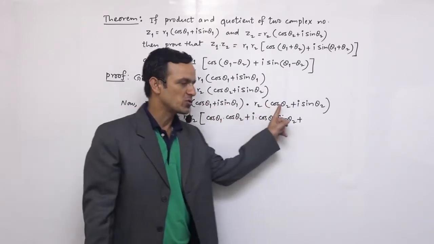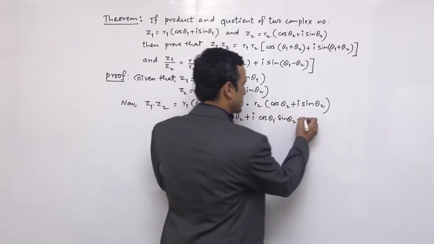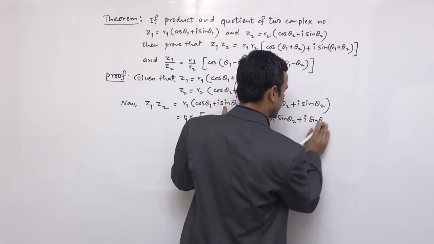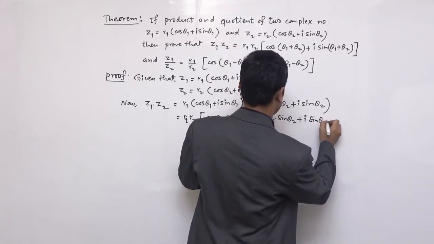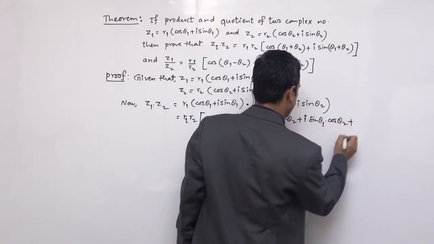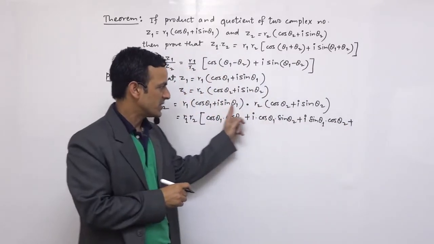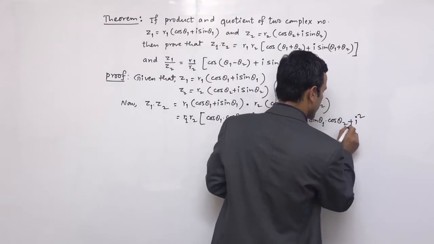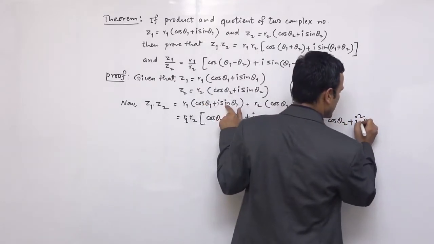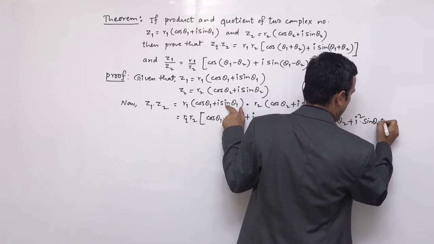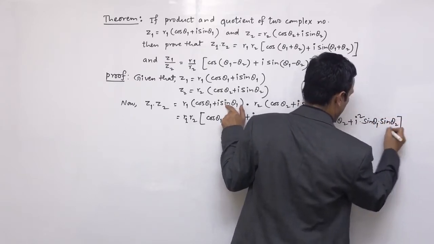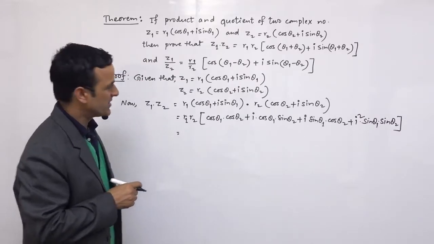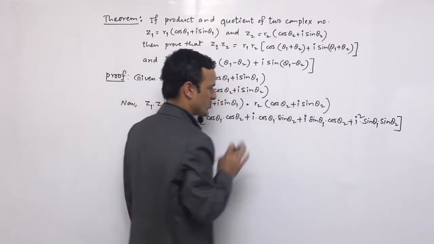This second term into first term. So multiply it. Here is also i sin theta 1 into cos theta 2 plus second term into second term. That means i into i square, and sin theta 1 into sin theta 2. This one. So this is the product of this and this.